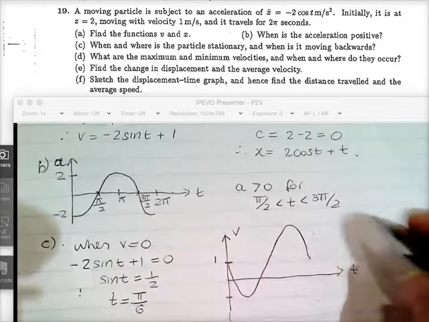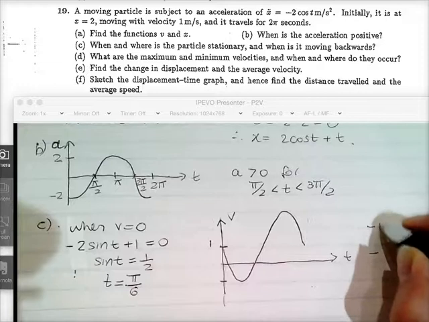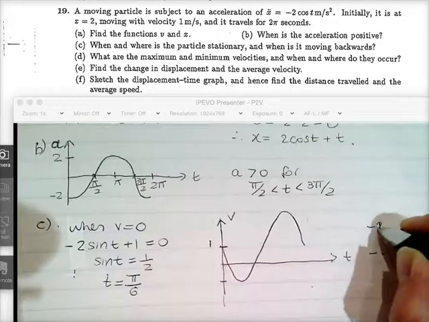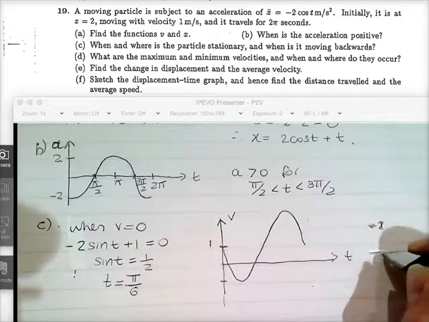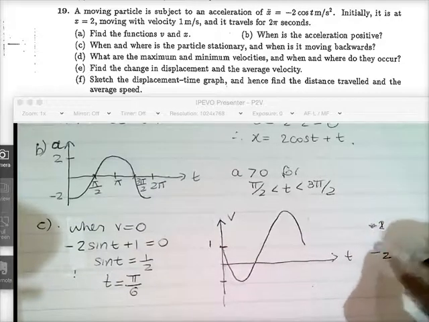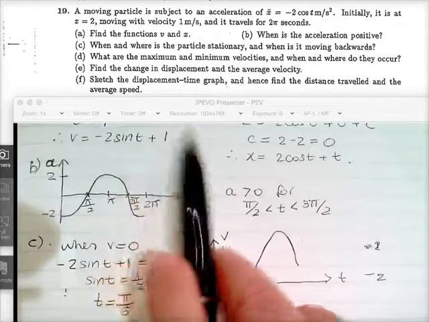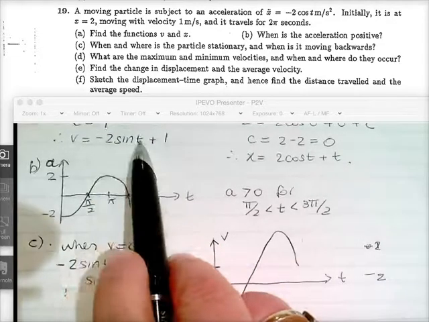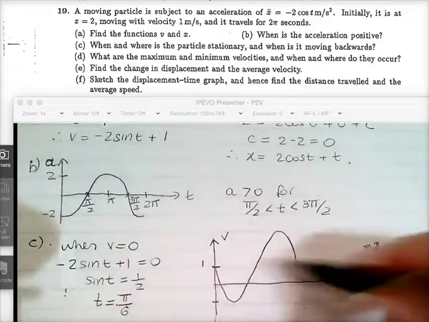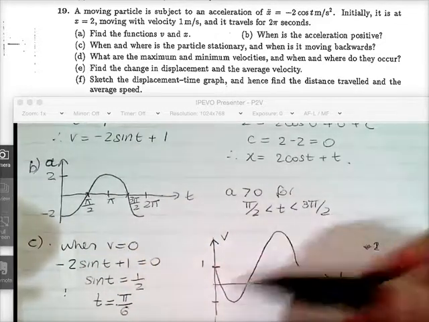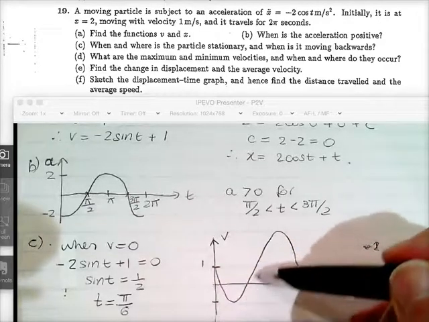Normally the sine curve goes from 1 to negative 1, but this one will go from 2 to negative 2 because we're trying to sketch negative 2 sine t plus 1. So the normal 2 sine t goes from 2 to negative 2. It's got an amplitude of 2, but this is the negative 1. So it would have been down here.